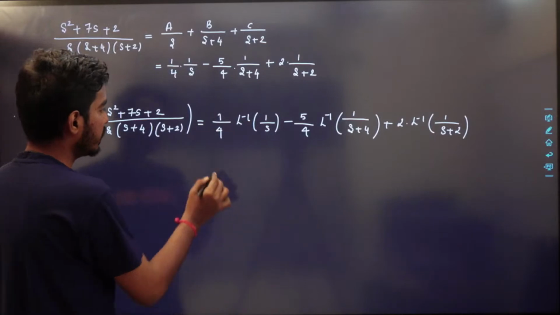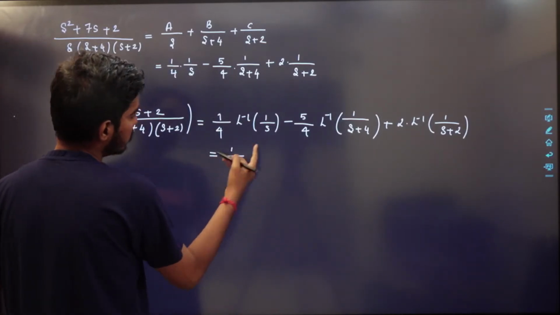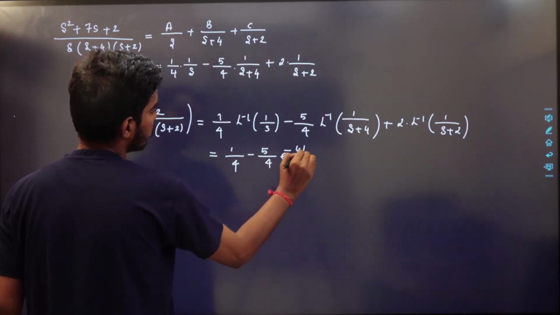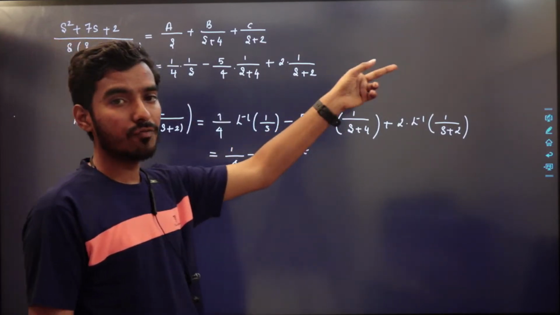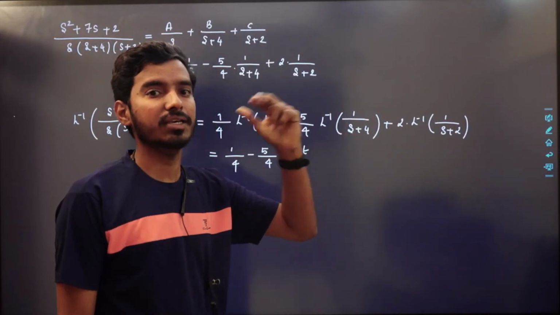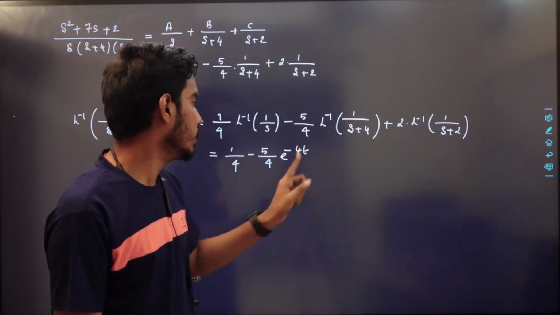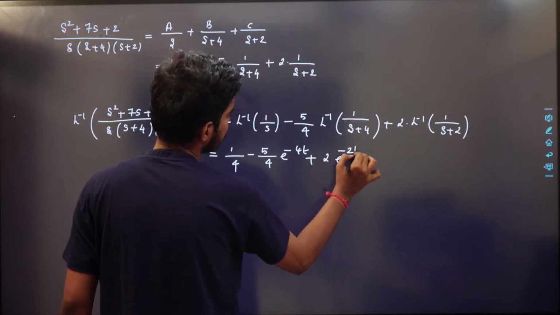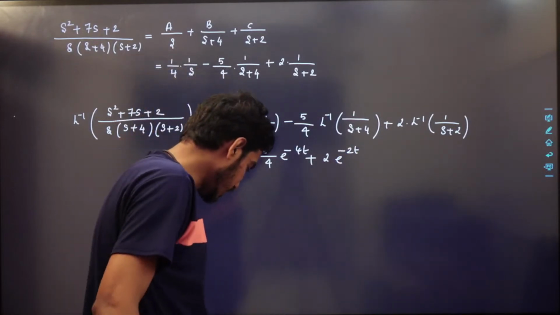So this is 1 by 4, this is minus 5 by 4 e power minus 4t. L of e power minus at is 1 by s plus a. So we will have e power minus 4t, 2 times e power minus 2t, right? This is your required solution.